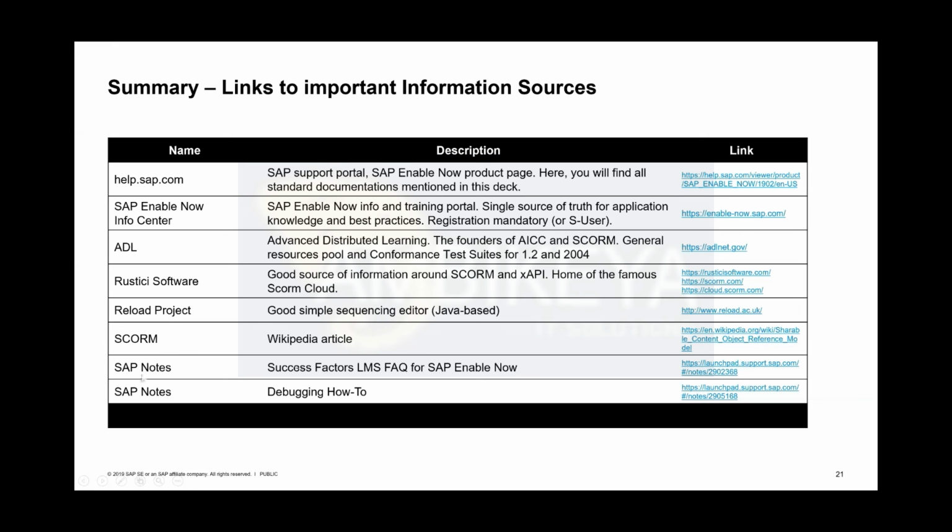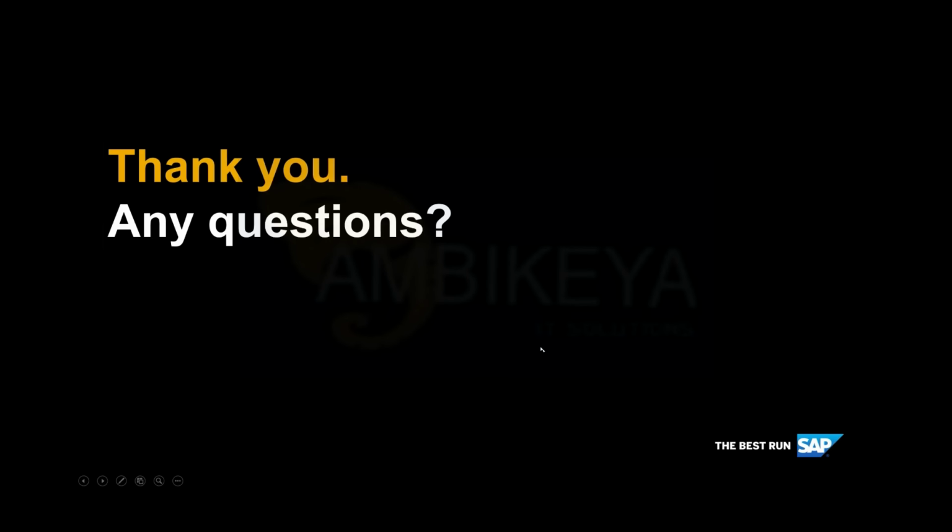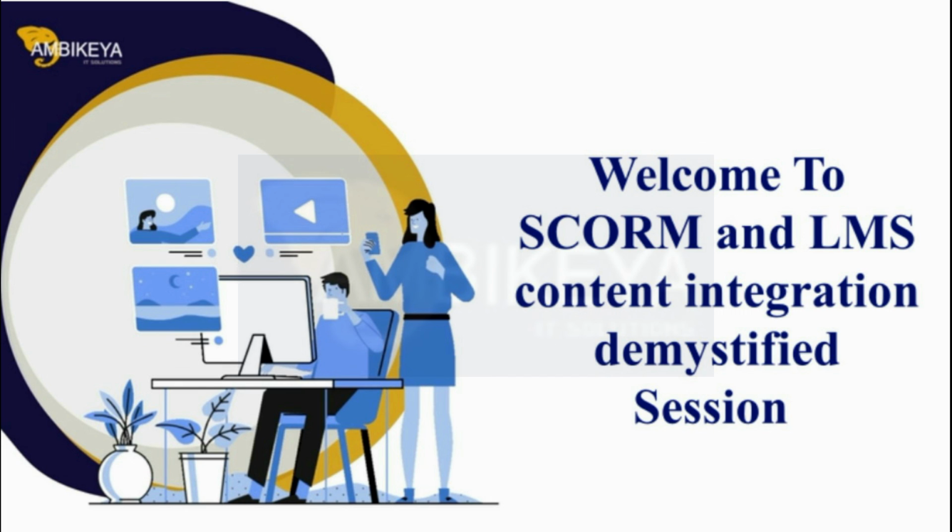And then some SAP notes that I found valuable, and one is the SuccessFactors FAQ, which was rewritten by Thomas Pöhler last week, and some debugging how-tos also linked here. We don't have to go through this together. I believe this can be read independently. And now the lines are open.